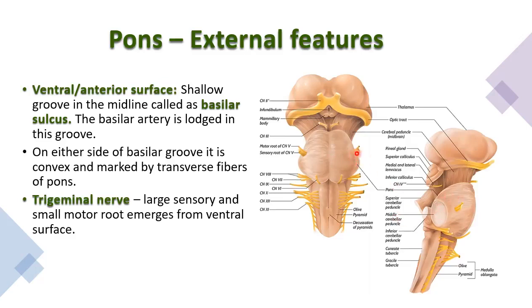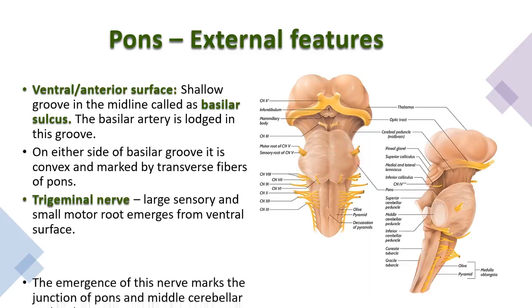The emergence of the trigeminal nerve marks the demarcation between the pons and the middle cerebellar peduncle, because the transverse fibers are continuous. So that is the only identification point. Medial to that is the pons, and lateral to that is the middle cerebellar peduncle.